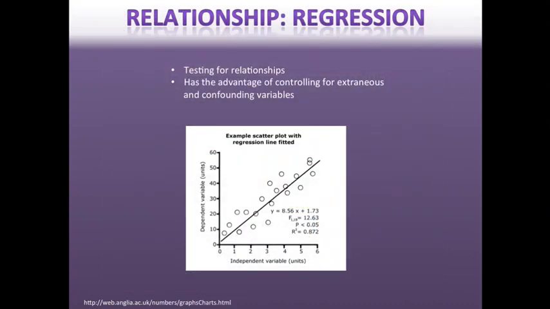All right. So there's another test for relationship, which is looking at regression. Now, regression sounds kind of scary, but it is amazing. It's really, really fantastic. It's a really helpful tool because it essentially does a similar thing to correlation, where you're looking at these relationships between things, but you can look at extraneous and confounding variables at the same time.